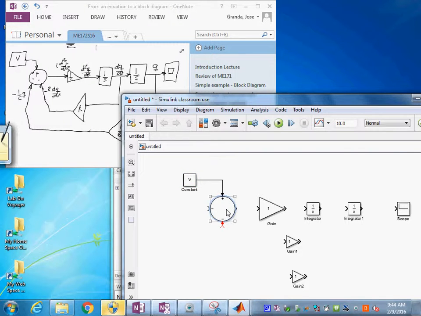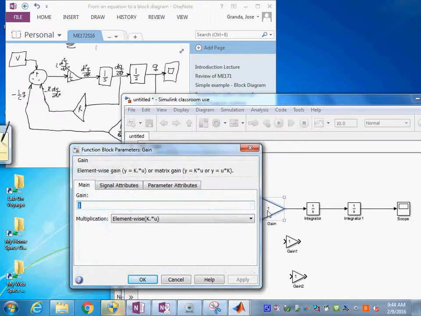So this one is connected over here, and obviously also here. This other one is connected here and connected over here. See? It's pretty simple, very logical how to do this.